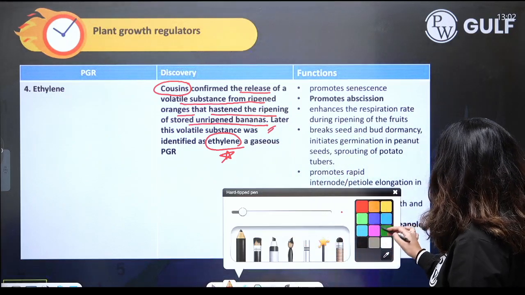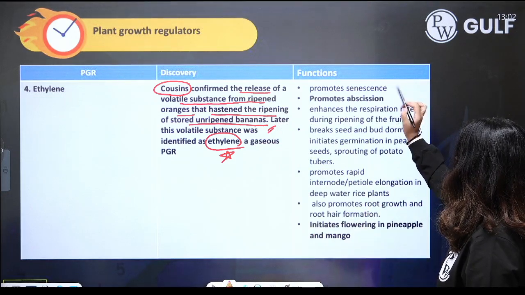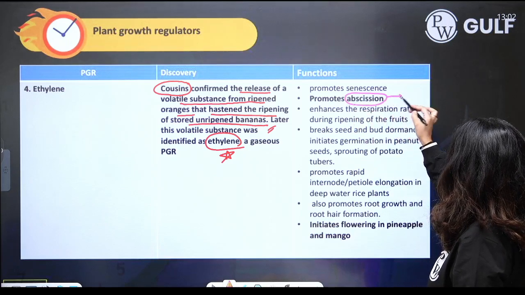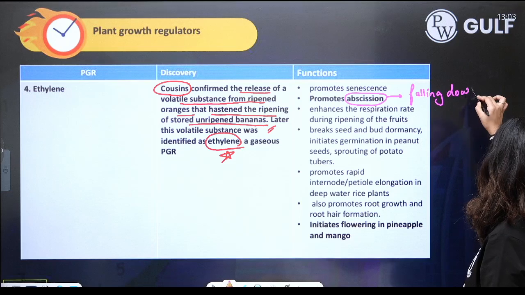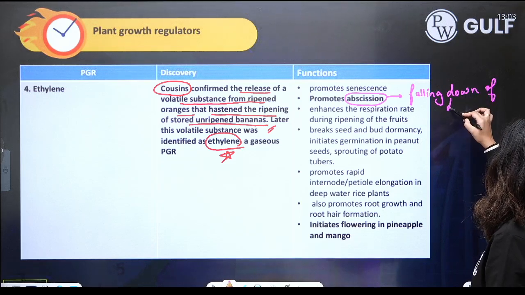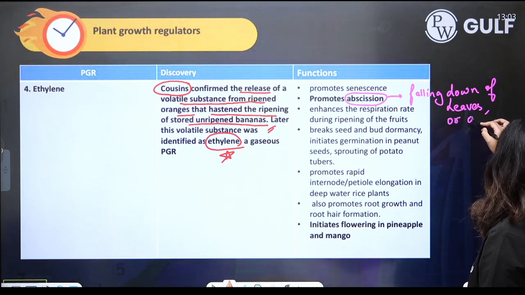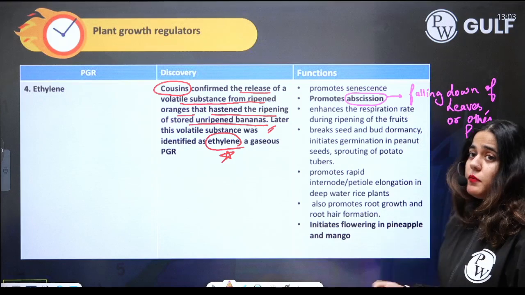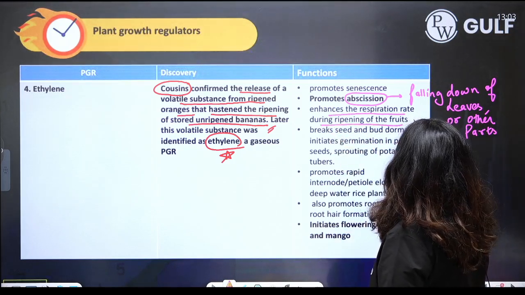Okay. So what does this ethylene do? It promotes senescence. Senescence means aging. It promotes abscission. Abscission means the falling down of leaves or other parts. It enhances the ripening of fruits.